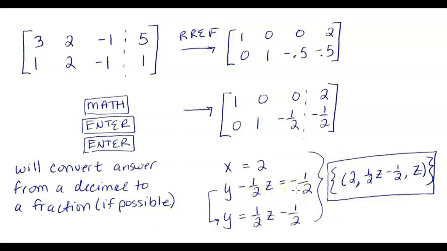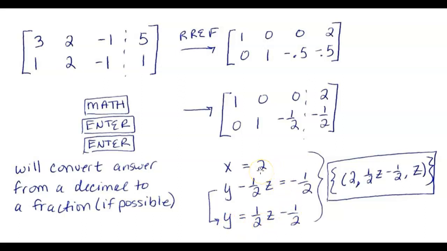We don't have a third row, so this one is like saying that our third row is all zeros. So it's the same as just saying that I can choose any number I want for z. This would have no solution if this bottom row was 0, 0, 0, 1, right? So that still could happen. But when that doesn't happen, then we have infinite solutions. So this second line we can rewrite as y equals 1/2 z minus 1/2.